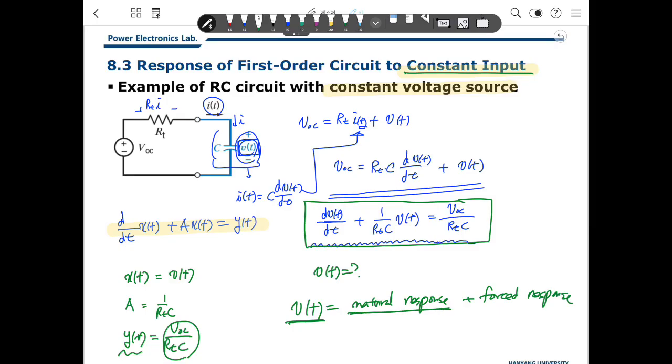What's the general form here? K exponential of minus 1 over tau times (t minus t0), plus the forced response, which we will calculate later. So anyway, this is the way to solve an electric circuit that has one capacitor or one inductor.